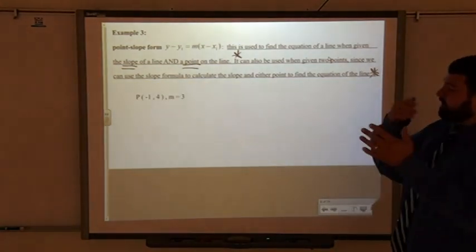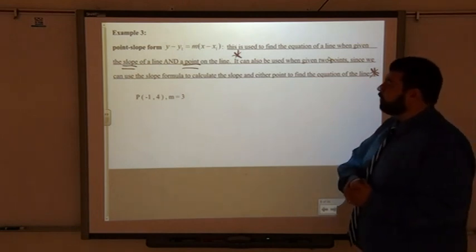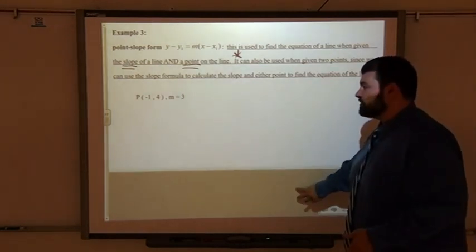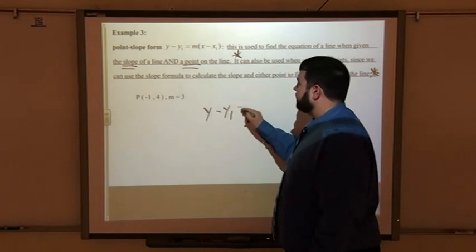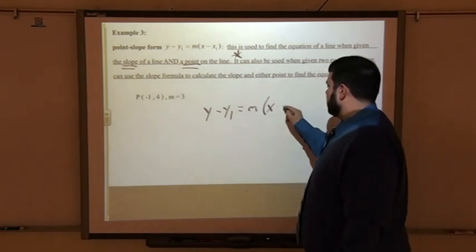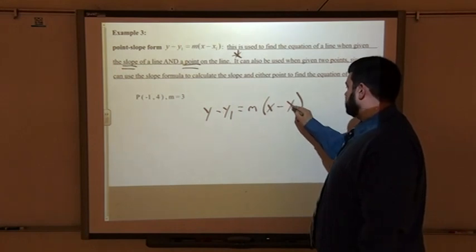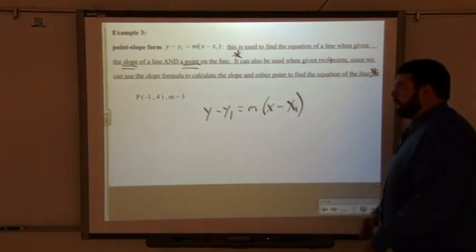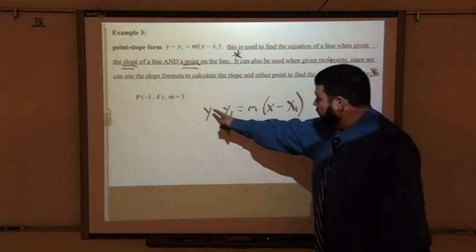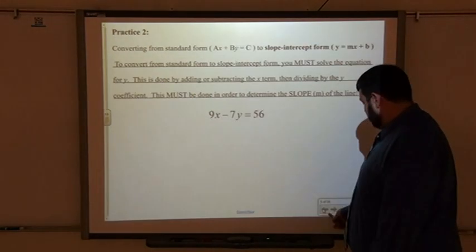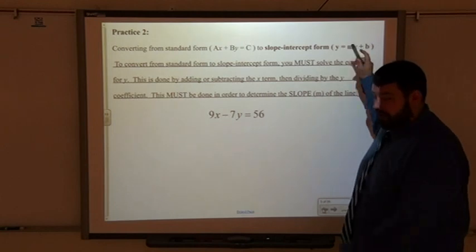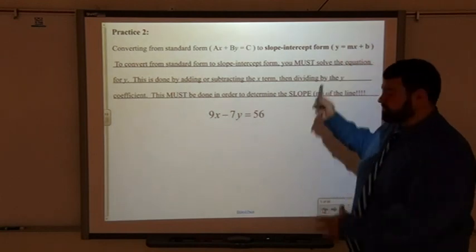So this time I'm given a point, which is -1, 4, and I'm given the slope is 3. So point slope form is y minus y1 equals slope times x minus x1. And that's an x, not a y. Now with point slope form, the plain old y and the plain old x stay there because I eventually want it to look like this. I eventually want to put it into y equals mx plus b.